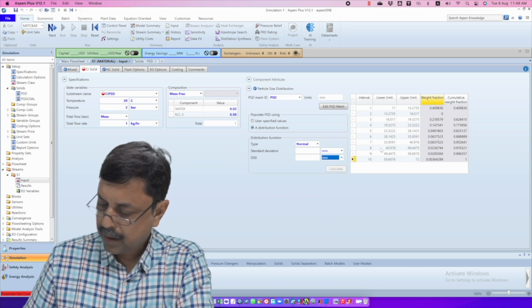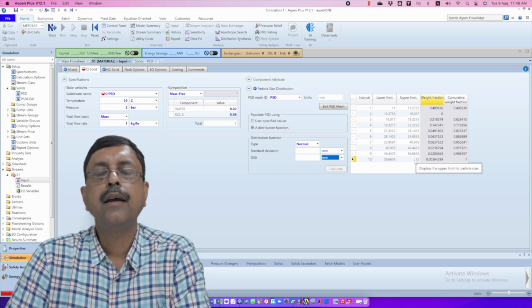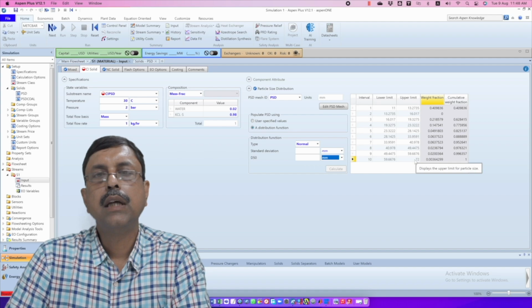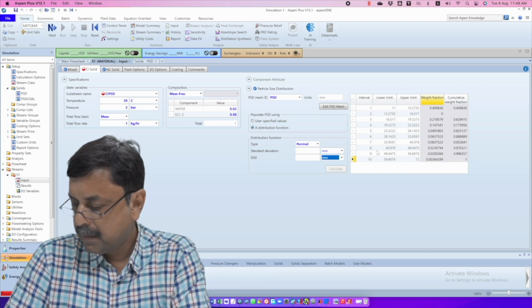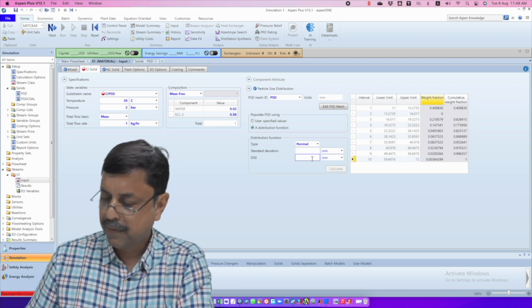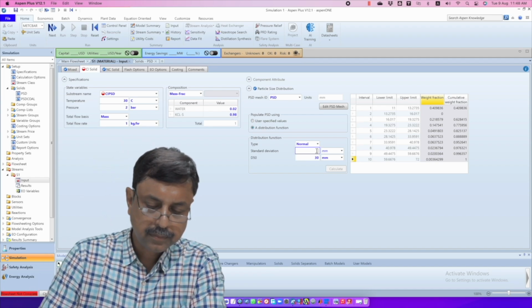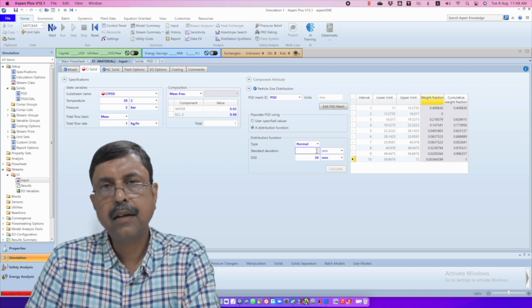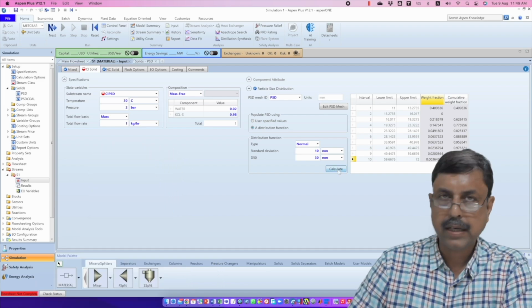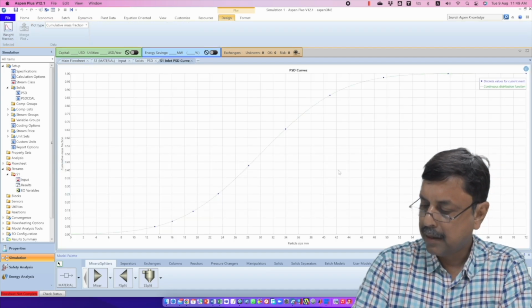If the range is from 11 to 72, let us choose the D50 somewhere in the middle, maybe at 30 or 35. Let us say 30 is the D50, and for the standard deviation let us take 10.